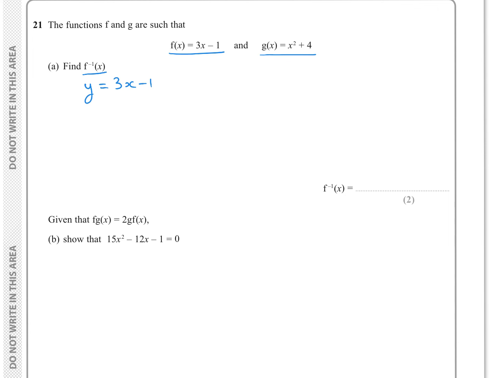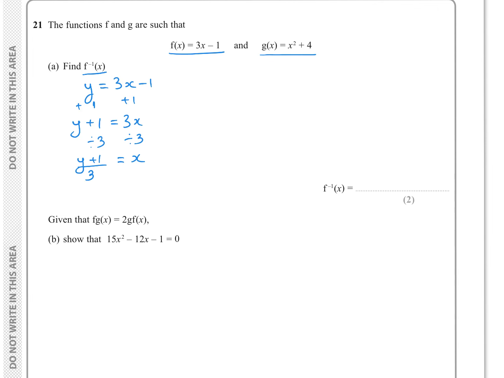I do the inverse operations to find x as the subject, as opposed to having y. So I will add 1 to both sides, and that will give me y plus 1 is equal to 3x. I'll divide both sides by 3, and that will give me y plus 1 over 3 equals x.